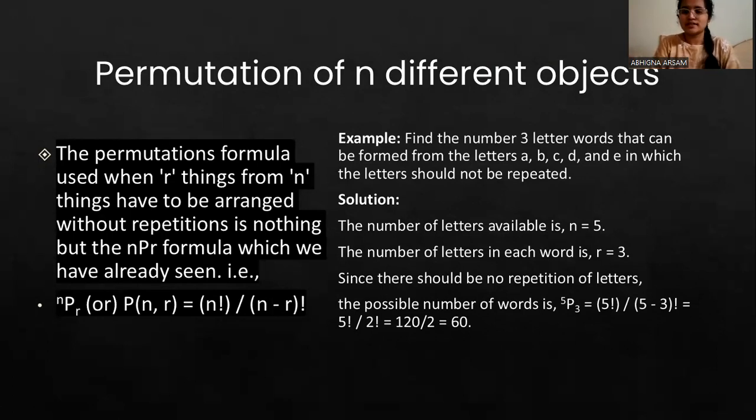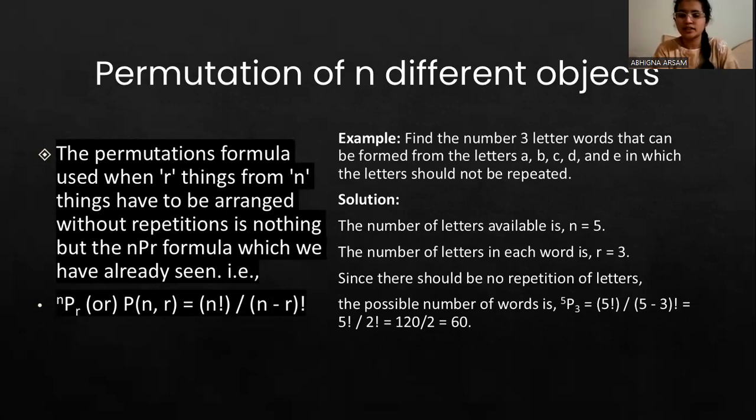Now let us solve an example on this. Let us say we want to find the number of ways of arranging three-letter words from the letters A, B, C, D, E without repetitions. Here the total number of letters available is 5, and the total number of letters in each word should be 3, so our r is 3.